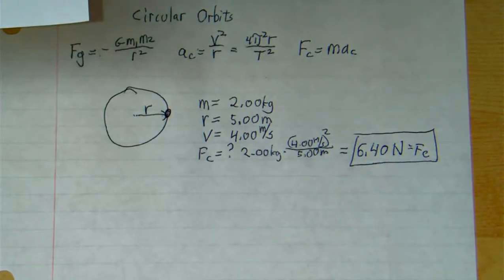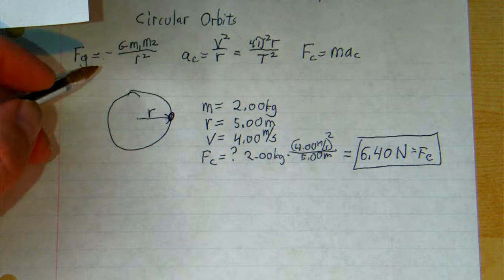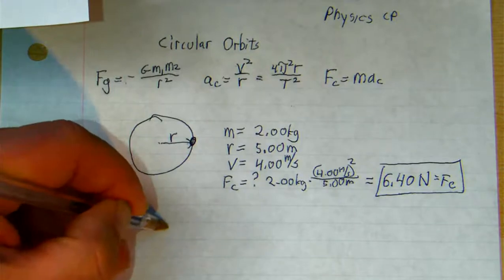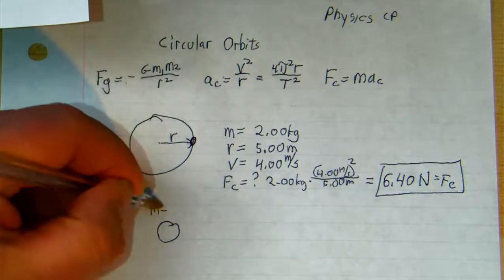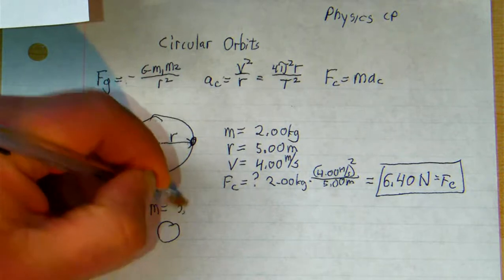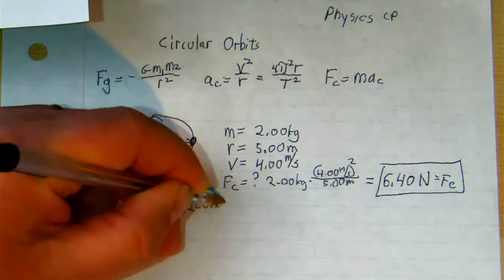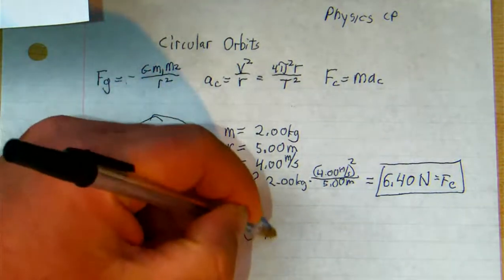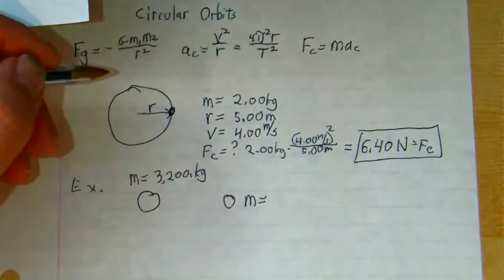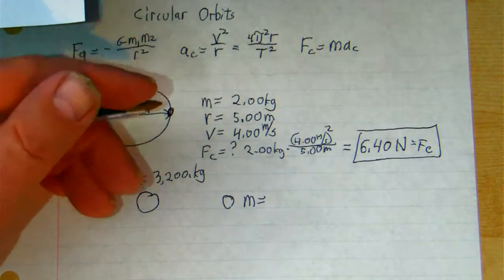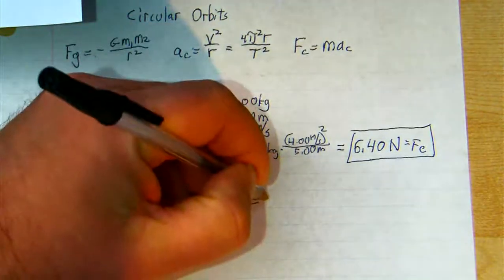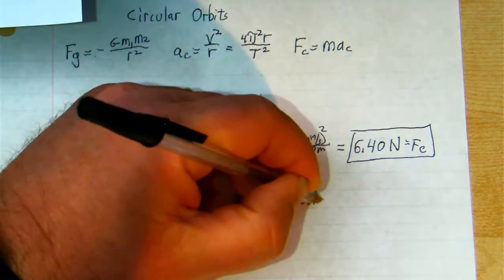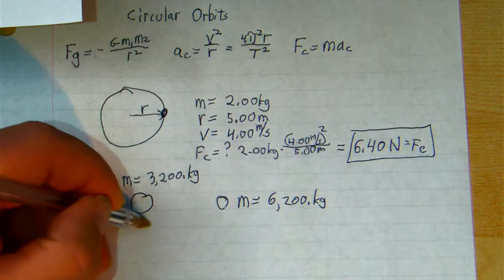All right, let's do another calculation. Suppose I have a mass, and this mass has a value of 3,200 kilograms, and I have another mass, and the second mass has a value of 6,200 kilograms, and I don't know the distance between them.